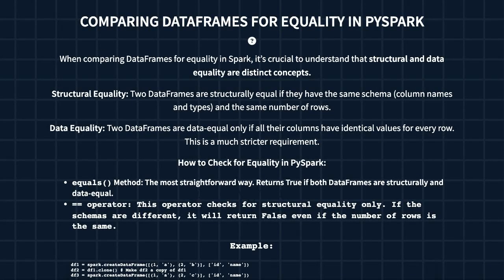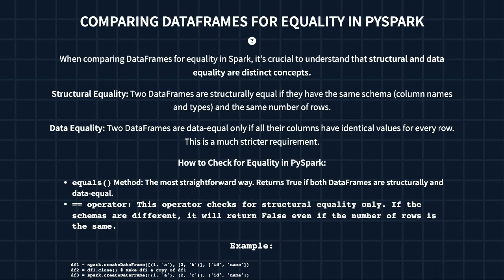Okay, let's talk about how to check if two PySpark data frames are exactly the same. It's more complex than just looking at whether they have the same number of rows. First, we need to understand that there are two types of equality, structural and data. Structural equality means the data frames have the exact same columns with the same data types. Think of it like having a blueprint for each data frame. Data equality is even stricter.